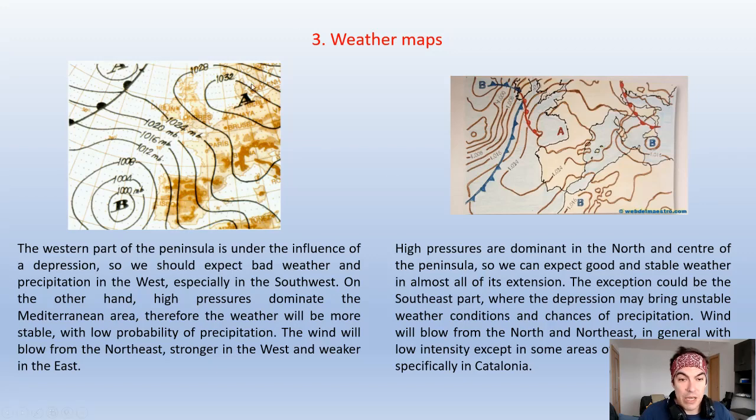pressures. Here we have an anticyclone, which means high pressures, and here we have a depression, which means we're going to find low pressures. We are interested in the Iberian Peninsula, and we have to take a look at the isobars: this one is 1008, 1012, 1016, 1020 and 1024.